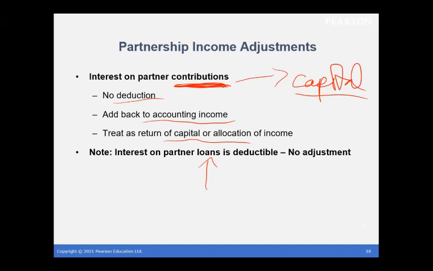A loan is a different thing. If you just straight up did a loan, I'm going to loan you 100 grand, pay me back over whatever period, and here's interest on it. Because the contributions, in theory, aren't set to be paid back necessarily. That's just what you're putting in to be a partner. So that's a different thing. A loan has the intent to be paid back. So there's no adjustment for that.